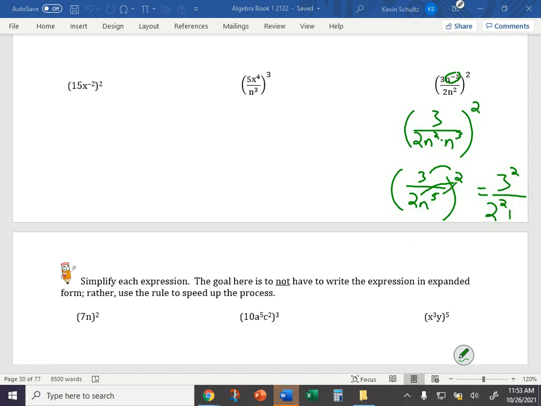And my n to the 5th, which when I multiply 5 times 2, gives me n to the 10th. Okay? If you didn't move that negative power down first, you could distribute first. It'd just be more work to simplify it at the end, but you would come up with the same answer. So it's not necessary to do, but it does make the distributing a little bit easier. Okay?